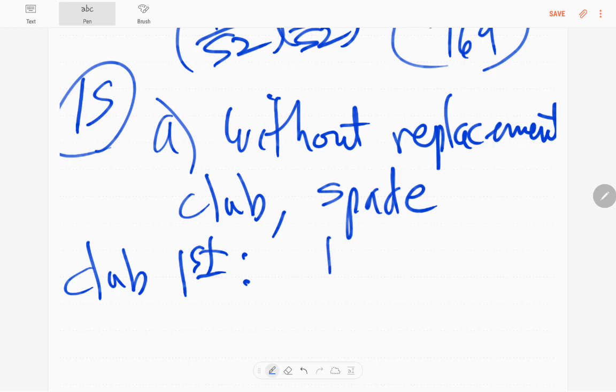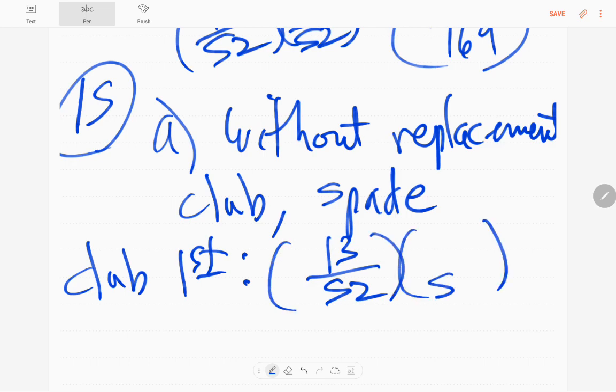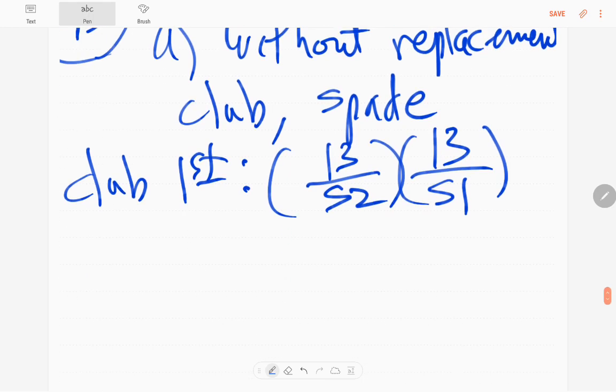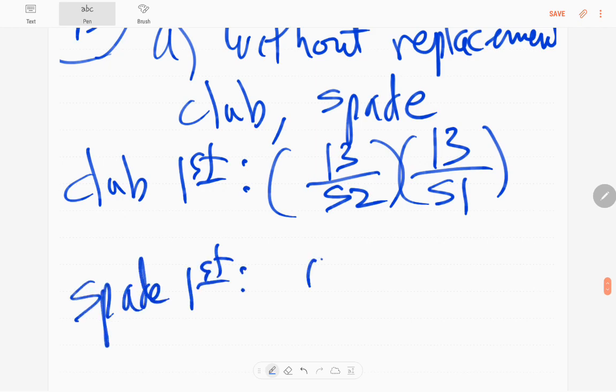Well, how many clubs do we have? 13 out of 52 of the cards are clubs. All right, but this is without replacement, so we're throwing that card in the trash. We have 51 left to choose from, but we still have all 13 spades left to choose from. So that's what we get for case 1. Now let's assume the spade is first. And I know 13 out of 52 of them are spades.